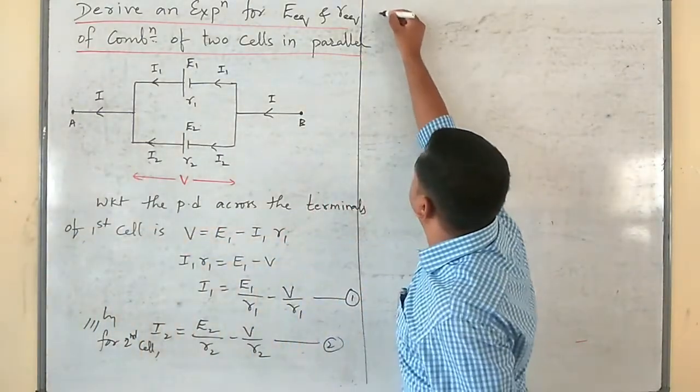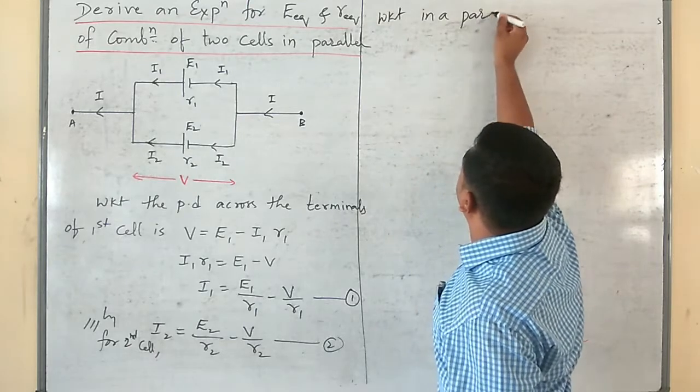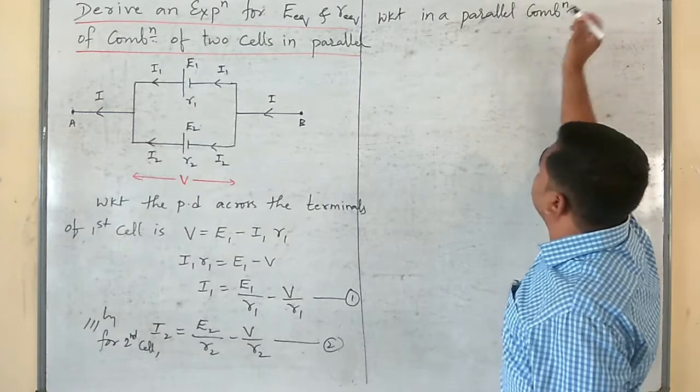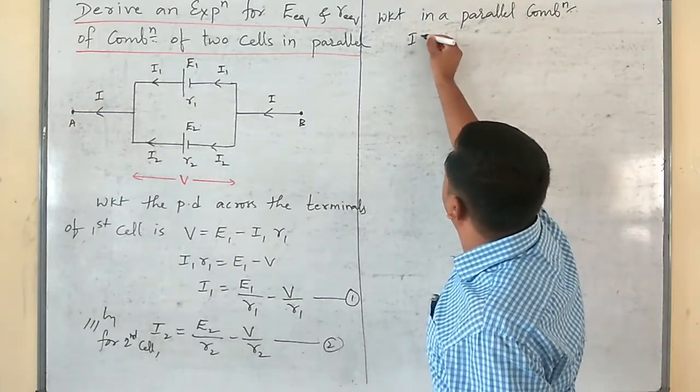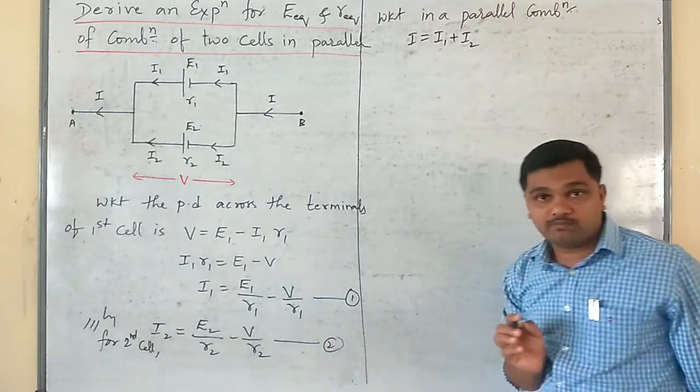Next, we know that in a parallel combination, I is equal to I1 plus I2.